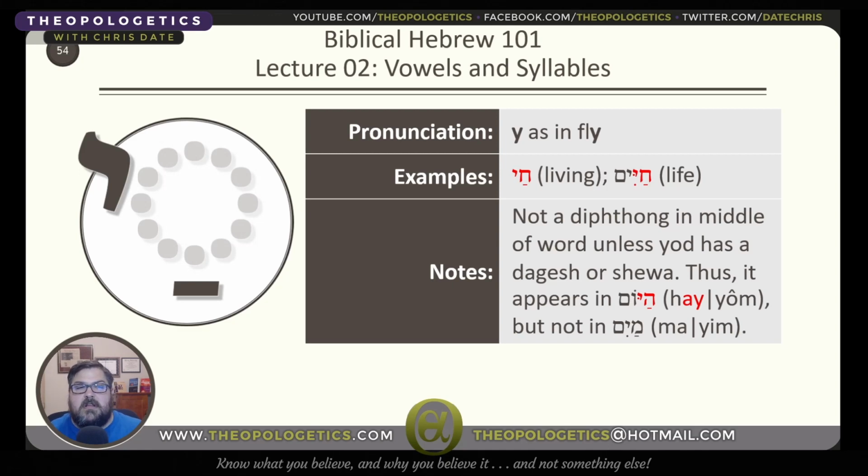In the word chayom, that dagesh in the yod is a dagesh forte, which means this is two syllables, chai and yom. And so that first syllable, chai, does feature this diphthong. But in the word mayim, the yod does not have a dagesh in it or a shewa under it, and so that yod is the consonant that begins the second syllable.